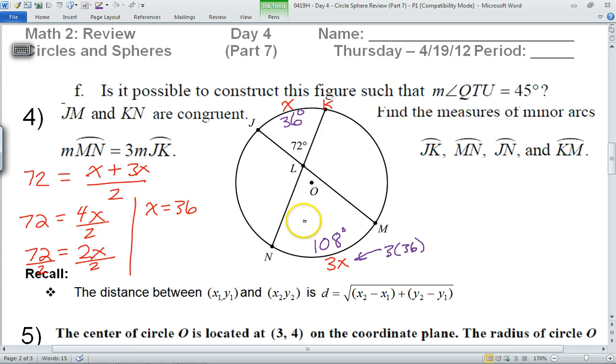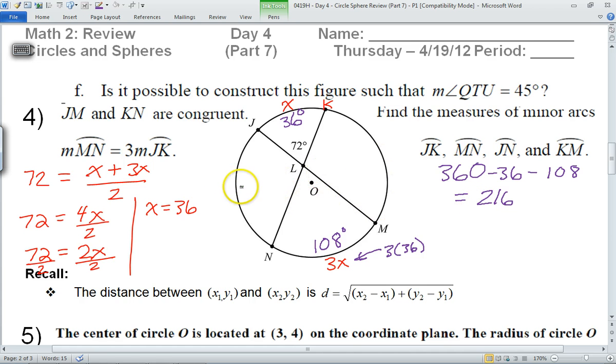So what am I about to do? 360 minus. If I subtract the 2 arcs that I have already, so minus 36 minus 108, tell me what's left. I heard 216. So I have 216 degrees left.